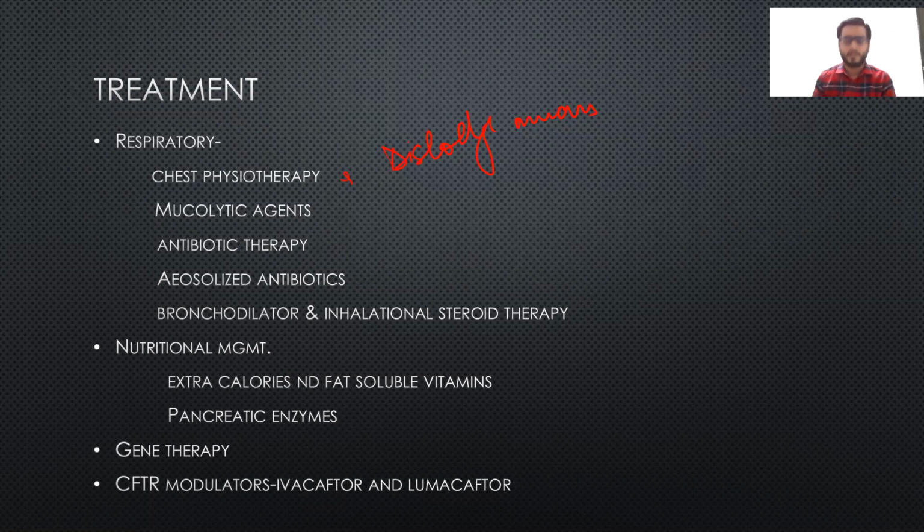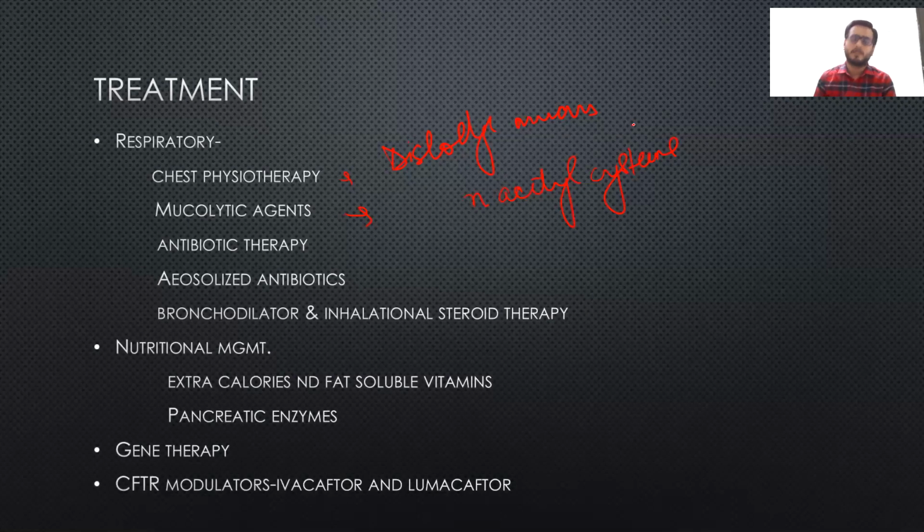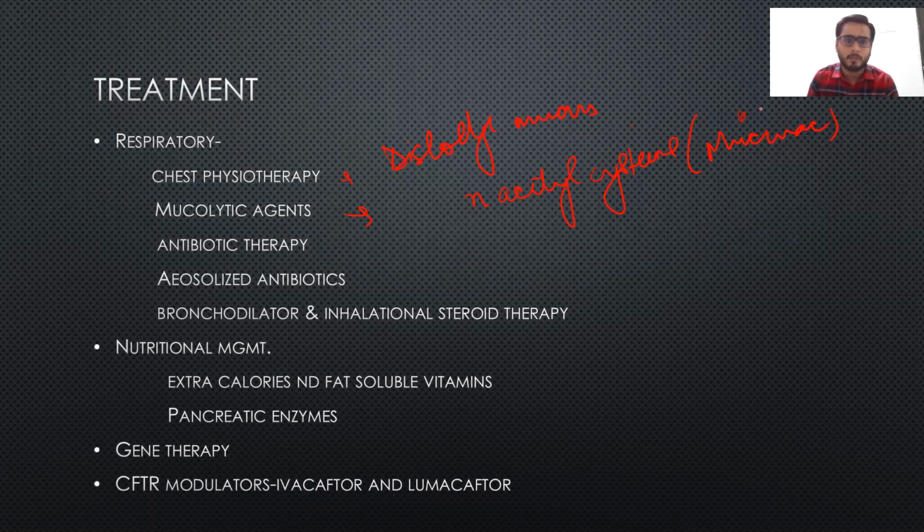Next is the mucolytic agents. What mucolytic agents can we use? N-acetylcysteine, which is available in the market as Mucinac. We can get nebulization done with this N-acetylcysteine, which is very important. We can use bronchodilators first.